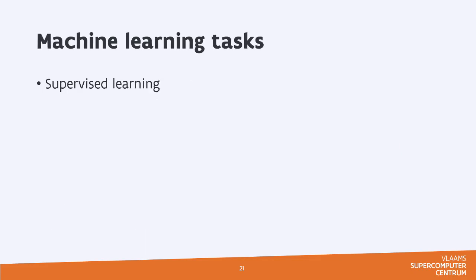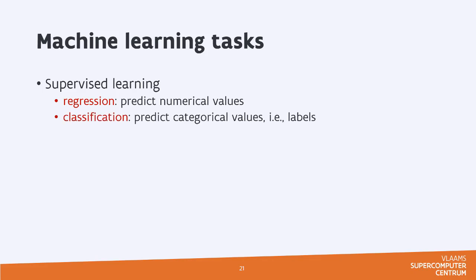So, machine learning tasks, as we mentioned: there is supervised learning, and that is regression on the one hand, predicting numerical values, and on the other hand classification, so you predict categorical values, so labels. There's also unsupervised learning.